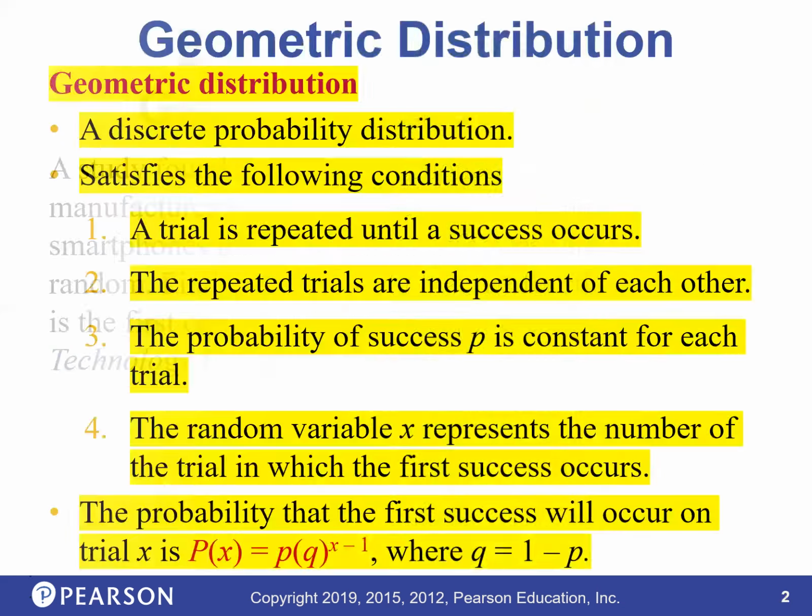So this guy is 0.43. This guy is 0.57. And this guy's going to be x minus 1. So in our case, 4 minus 1 might be a 3 for us, right?